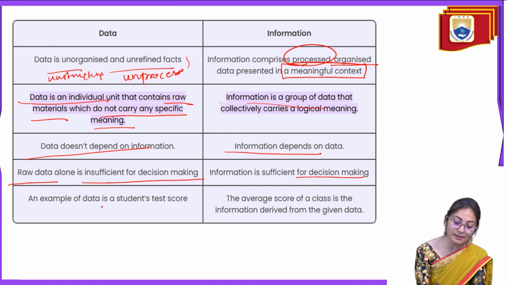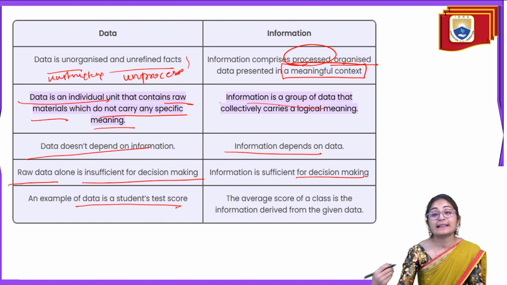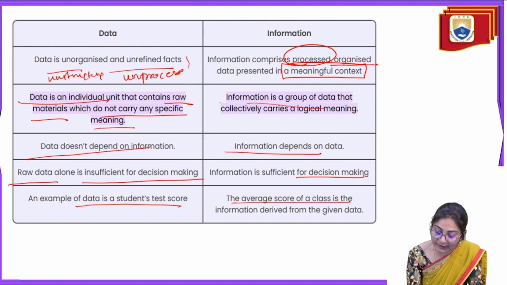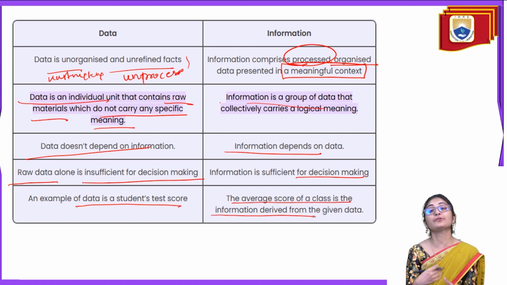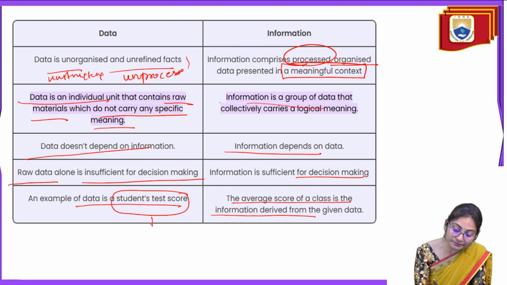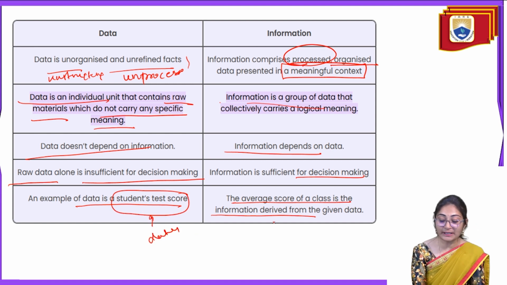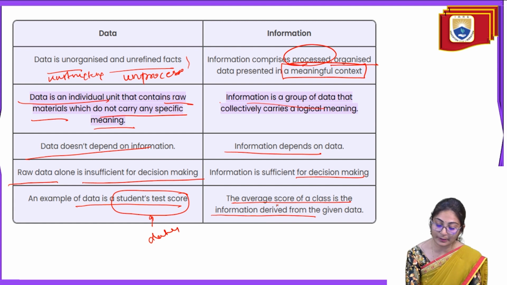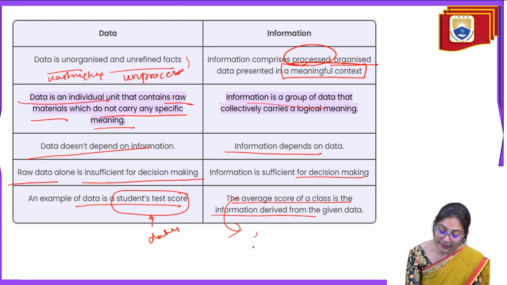For example, data is students' test scores. But the average score of a class is the information derived from the given data. Student test score is your data, but finding the average score of the class gives the information.